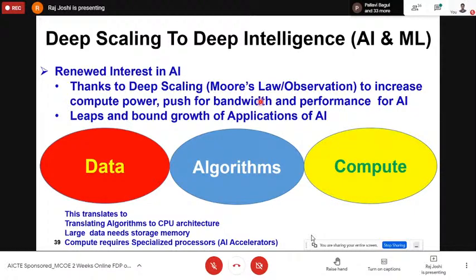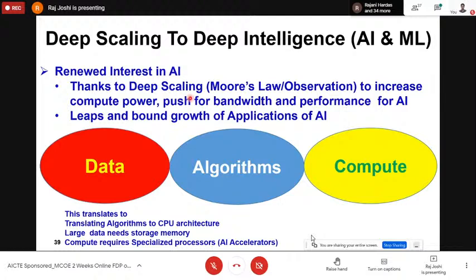This was in 1940s. And after that, it ramped up in the late 70s and 80s, and then again dropped down. And now over the decade, it just blossomed again.